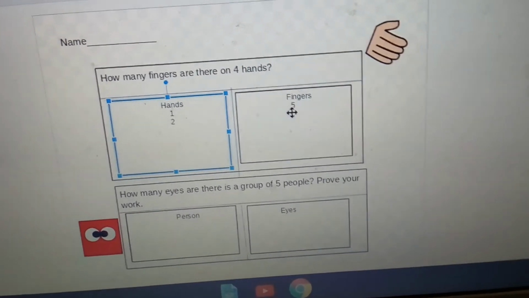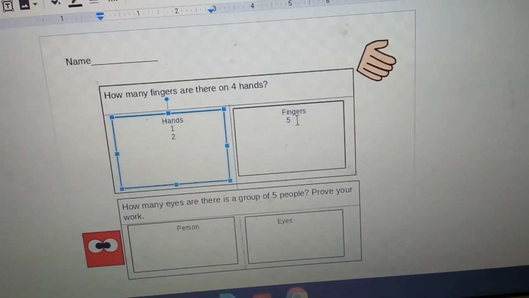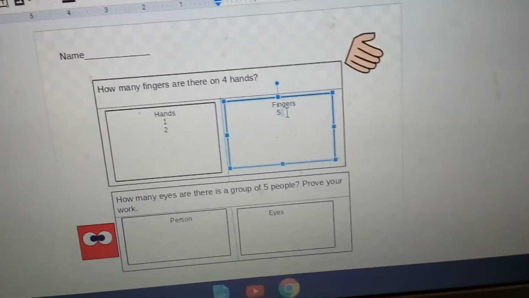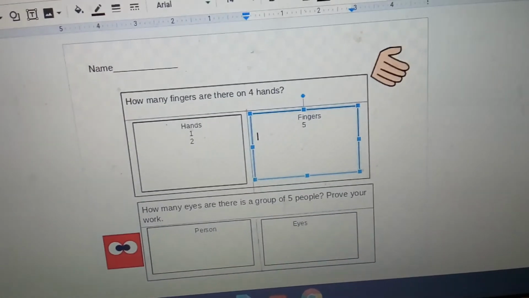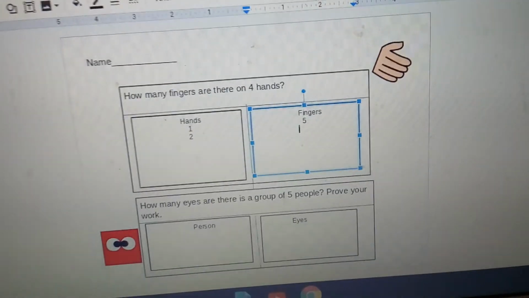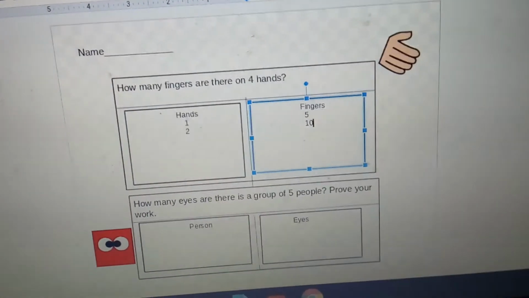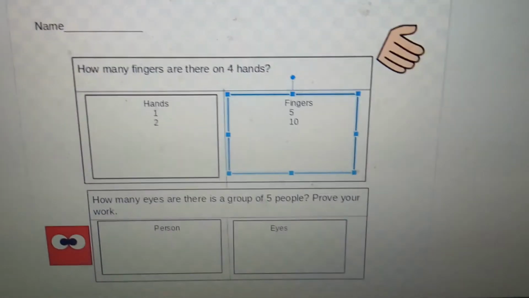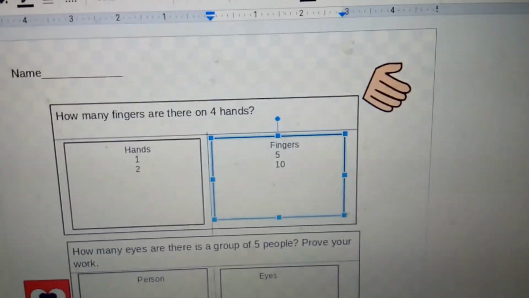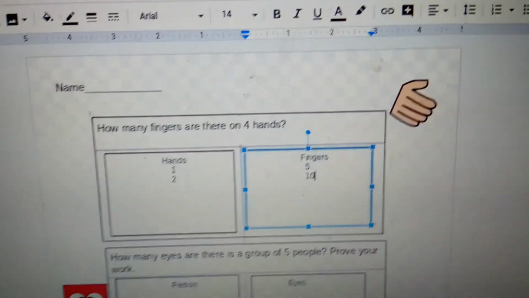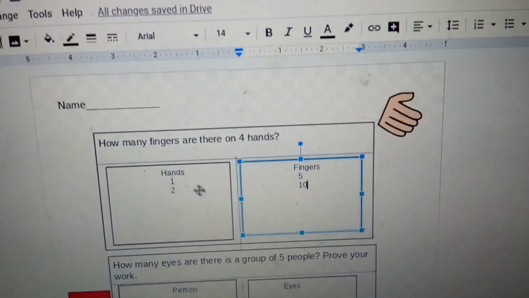So type in, how many fingers are on 2 hands? That's right, 10. This is starting to look a little familiar, meaning it looks like we're counting by 5s, just like when we practice telling time. So let's see if that's true.